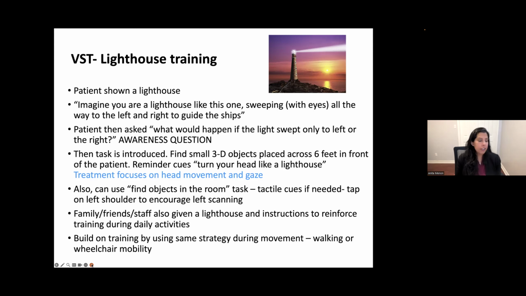Again, you could provide them with more cueing in addition to using the lighthouse scanning training strategy to reinforce it. This is the script in terms of reminders: really turn your head like a lighthouse, find objects in the room, and encourage that scanning strategy.